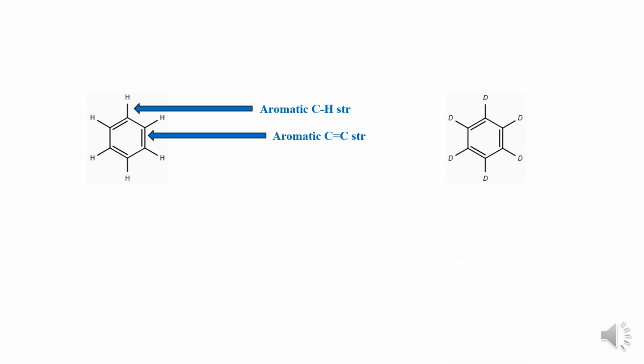In case of deuterated benzene, you'll come across aromatic carbon deuterium bond and aromatic carbon-carbon double bond. So the only difference between the structure of benzene and deuterated benzene is that the hydrogen atom is replaced with deuterium. And let's see how this replacement of hydrogen with deuterium brings about changes in the spectral peaks of their respective IR spectra.